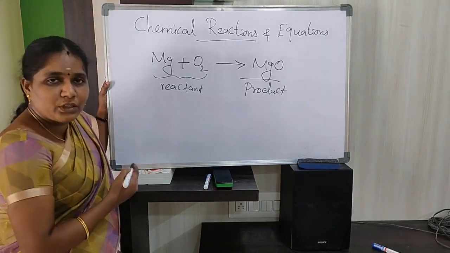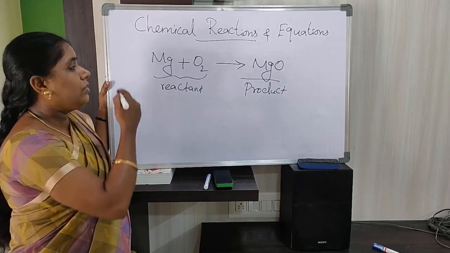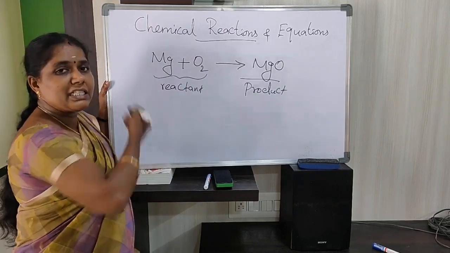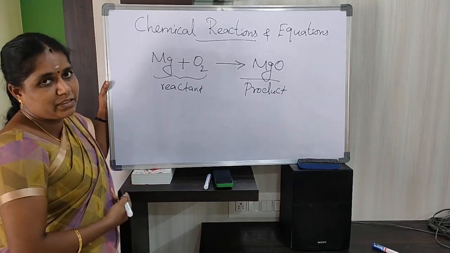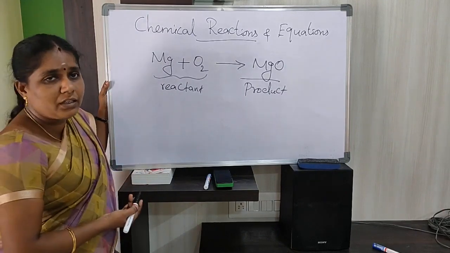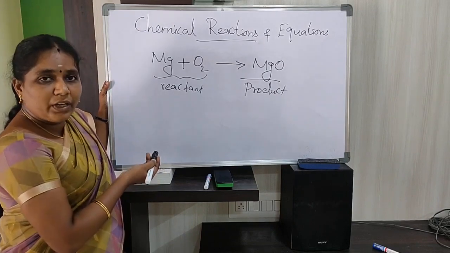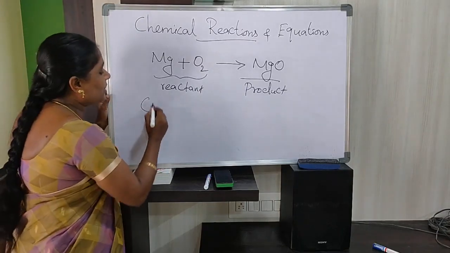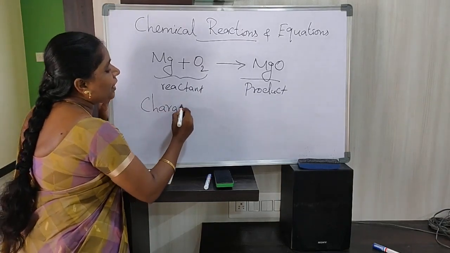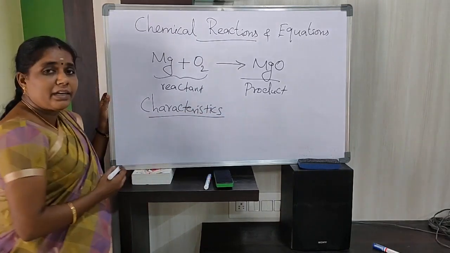How do we come to know that a chemical reaction has taken place? We say when magnesium burns in air to form magnesium oxide, a chemical reaction takes place. So how do we come to know that a chemical reaction has taken place or not? That is with the help of some characteristics. So what are the characteristics of chemical reactions?